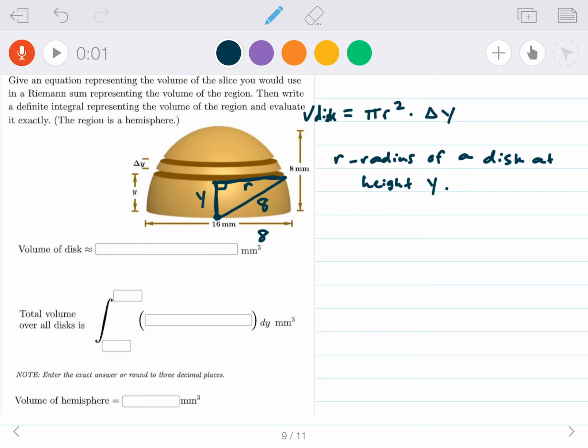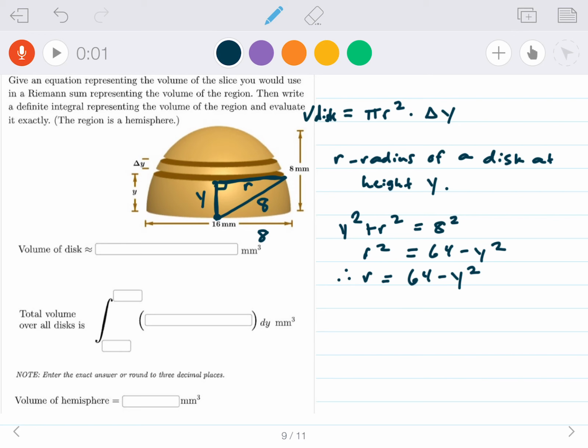We can say y squared plus r squared is equal to 8 squared. Therefore, r squared is equal to 64 minus y squared, and so r is equal to the square root of 64 minus y squared.